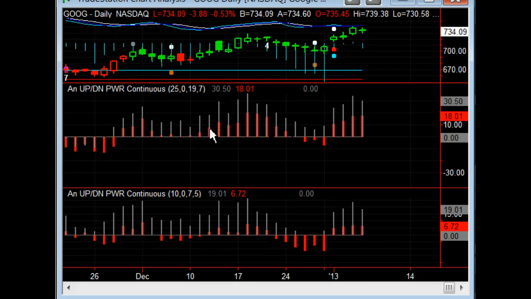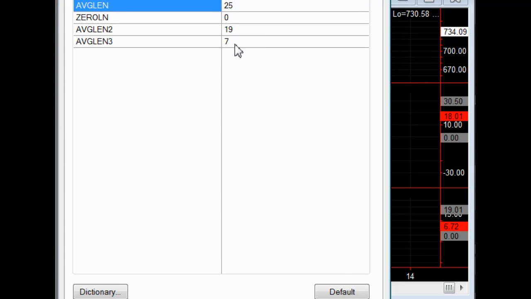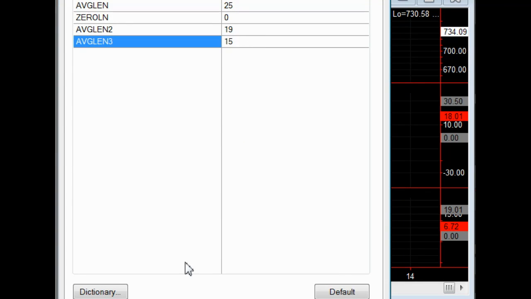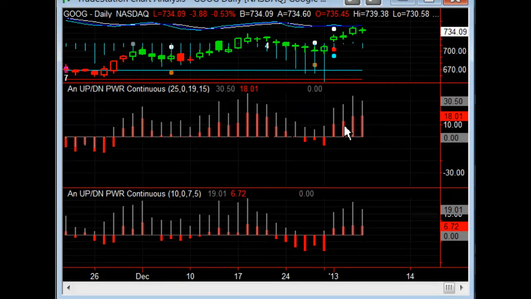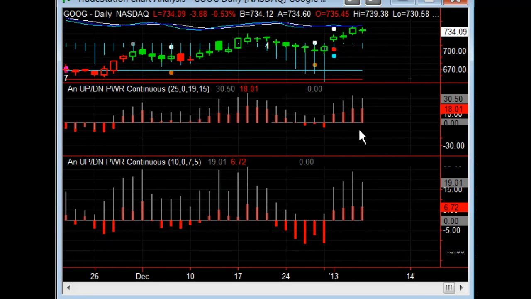I'll even do the 2519 15 on this setup, and you can see a subtle difference there. It's not huge. It's just the way it factors, and it becomes a preference at that particular point. You can make your adjustment either direction, but what you're looking for still is that relationship.